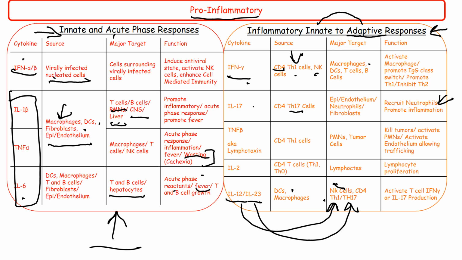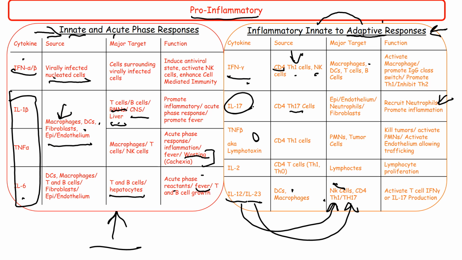So even though you have your innate response and it goes on to activate your adaptive immune response, you still want to promote the innate immune response as long as the pathogen is present. And a great way to do that is to have the adaptive immune response produce cytokines like IL-17 that will recruit members of your innate immune response, like neutrophils.